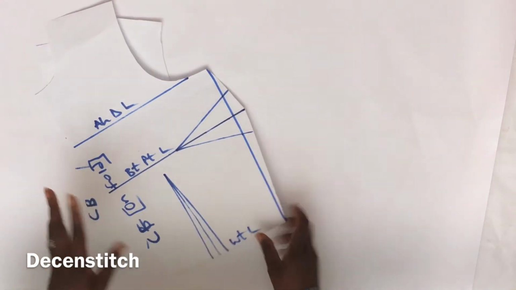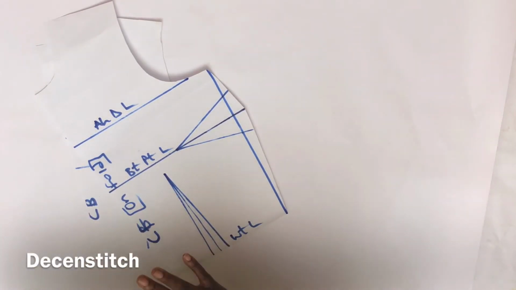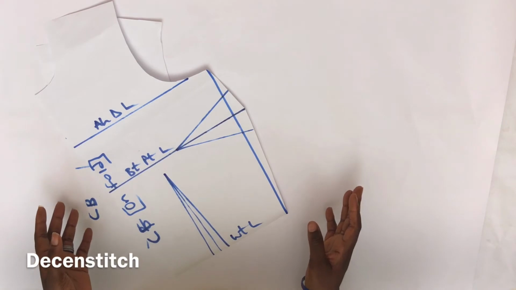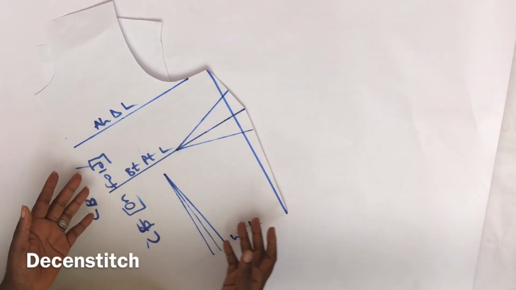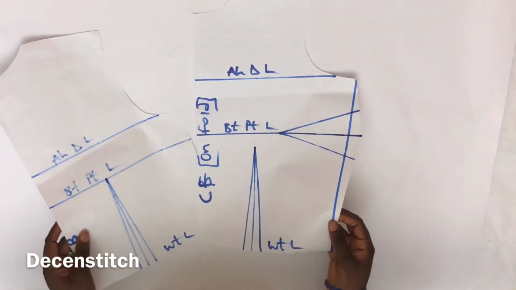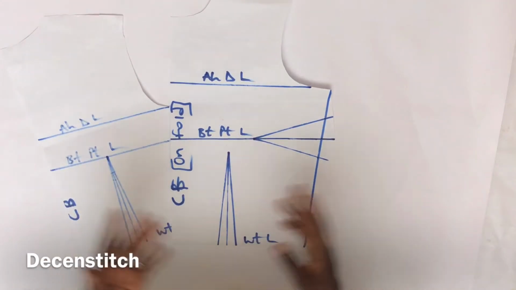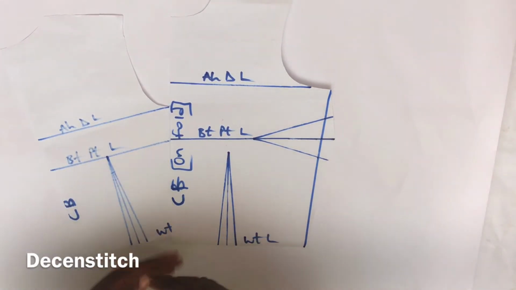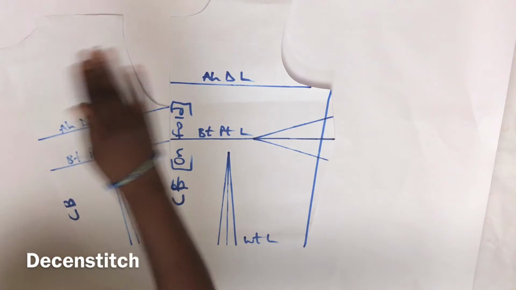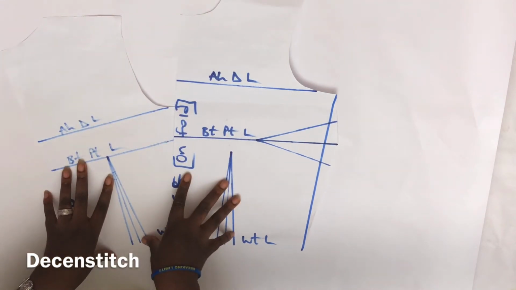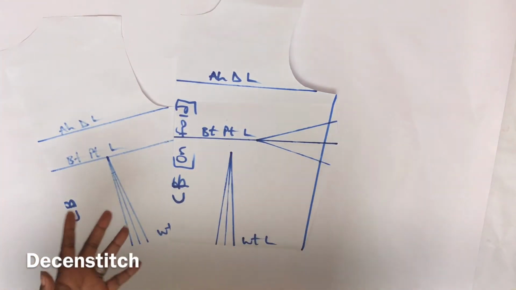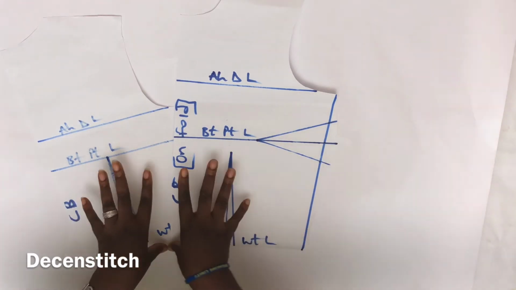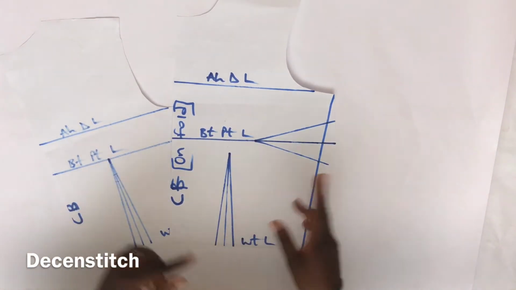A sloper can be used to make many other kinds of patterns. That is why I'm using a sloper. I can always use a sloper to create anything I want. After getting the style, we add our seam allowances. Also, there are some styles where it's preferable to use a sloper than to use a pattern.